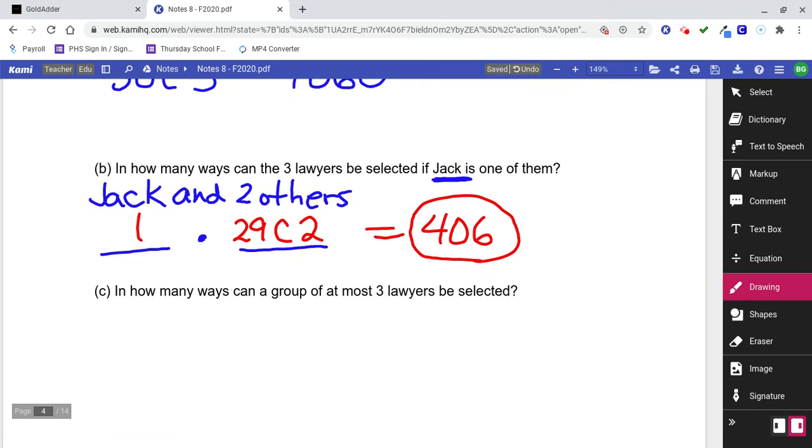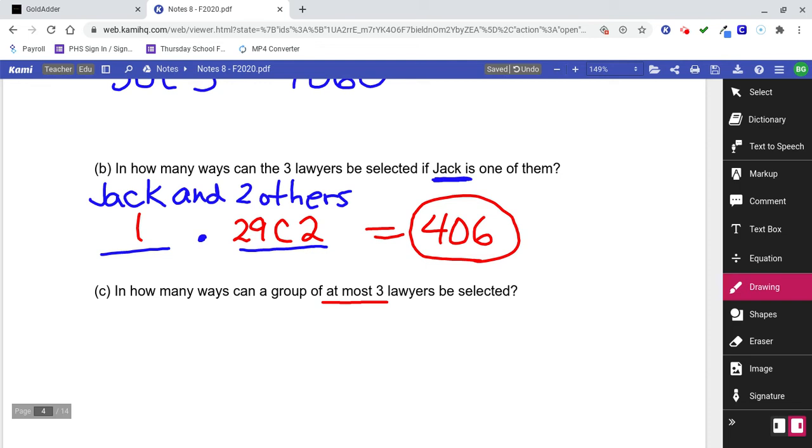And how many ways can a group of at most 3 lawyers be selected? So again, those of you who are going to be good at this are going to be good at simplifying what that means into exact terms, okay? Exactly what does at most 3 mean? Anybody?